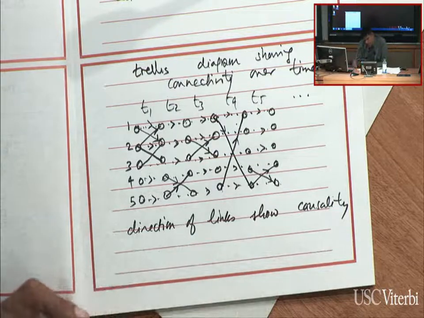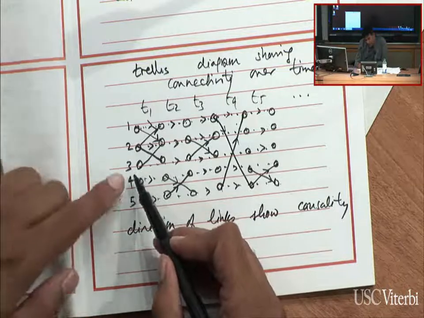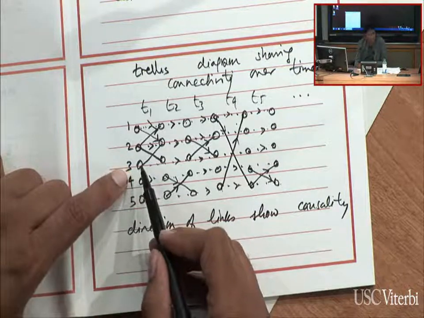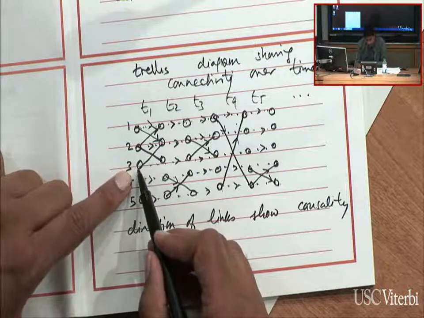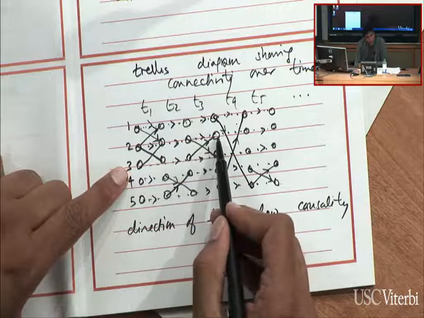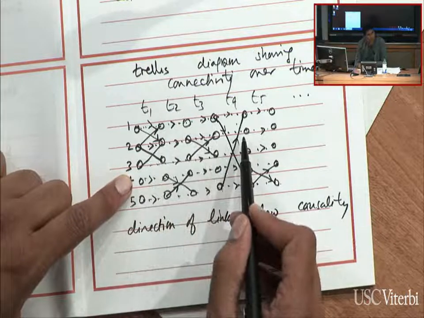I think it's helpful. If you follow from node 3, it can tell you all possible ways in which data from node 3 can get to other nodes in the network. So node 3 can hold on to the data till here and then hand it over to 2. Or it could hand it over to 2, 2 could carry it around, and so on.